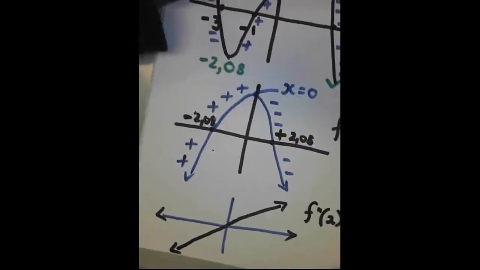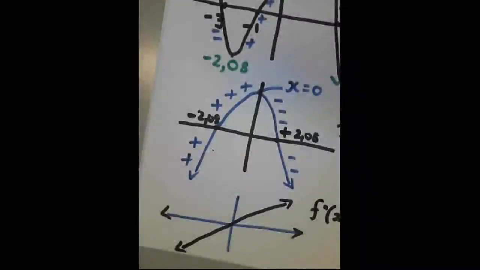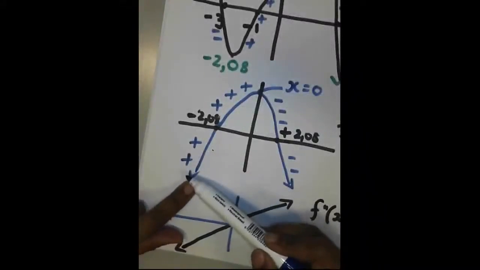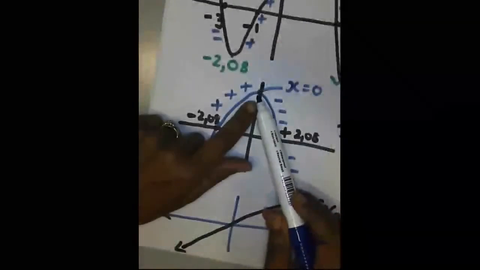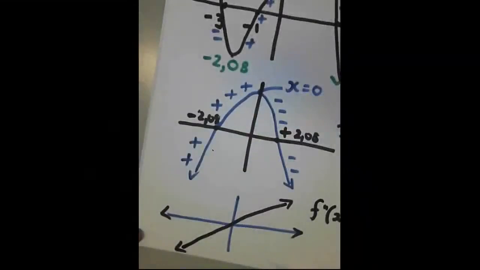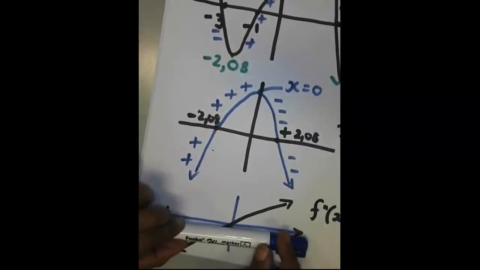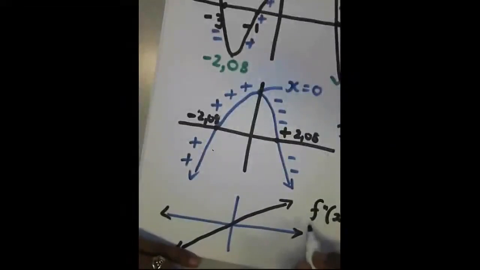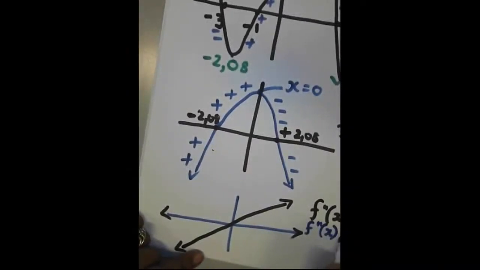Now, very pertinent in this graph is the following. We often ask the question, where is the function concave up, concave down, and people don't understand. Have a look. What's happening to the function over here? It's concave up. And from there, it's concave down. Now let's compare this to my second derivative. Well, you know the story. If a line graph is above the x-axis, this thing is positive.